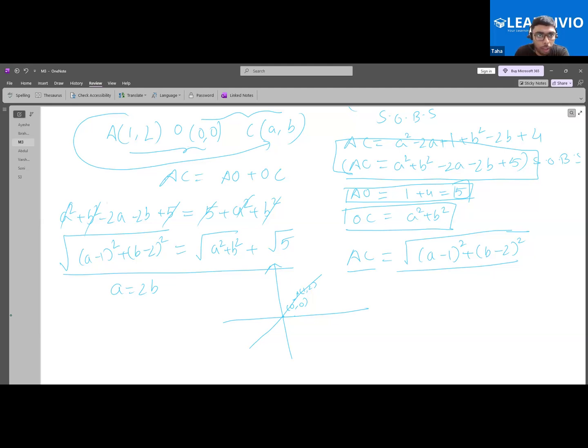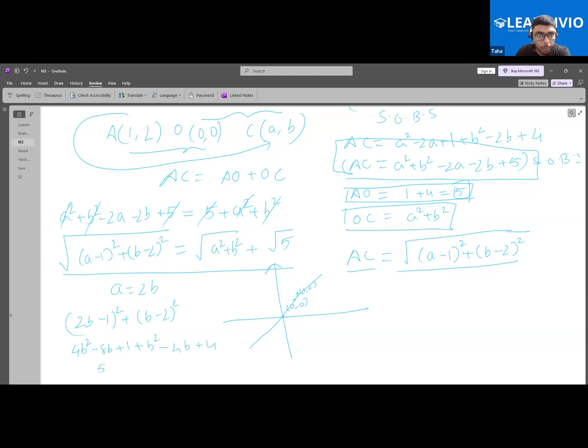If a is equals to 2b, then 2b minus 1 whole square plus b minus 2 whole square. This would become 4b square minus 8b plus 1 plus b square minus 4b plus 4.